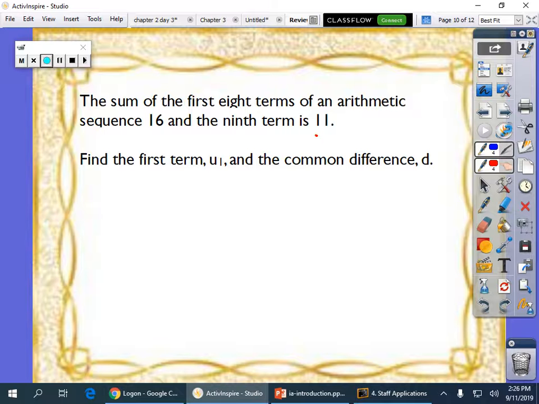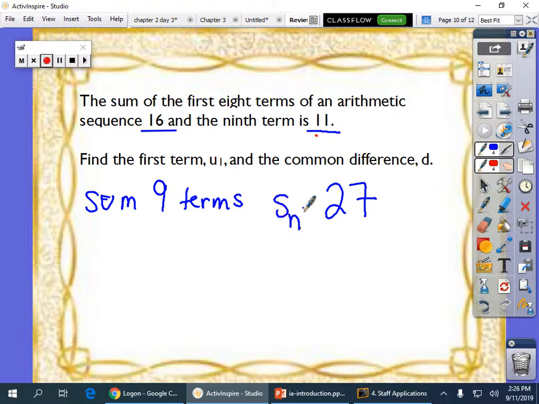I can use this, and you should be able to tell me the sum of the 9 terms. What would the sum of the 9 terms be? 27. The first 8 add up to 16, and then when I add on that 9th one, I get 27. This is the absolute hardest problem that you'll have to do. Okay? 27.